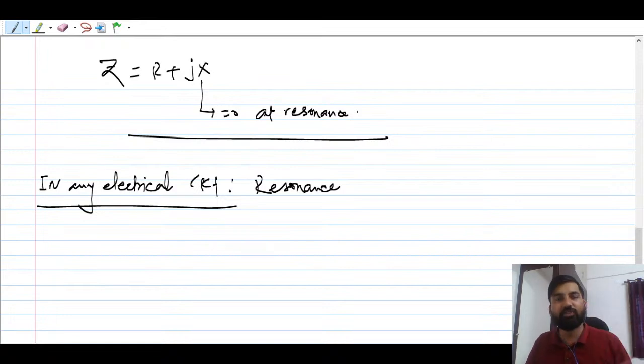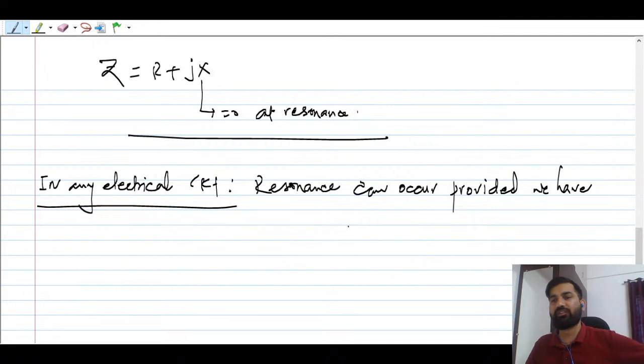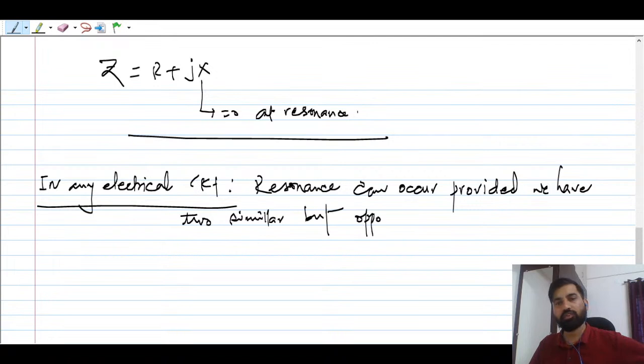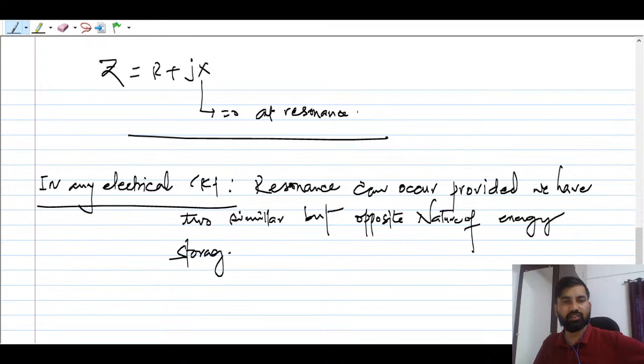When resonance can occur in the circuit, that you should know. In any electrical circuit, resonance can occur provided we have two similar but opposite nature of energy storage elements, like L and C are present.